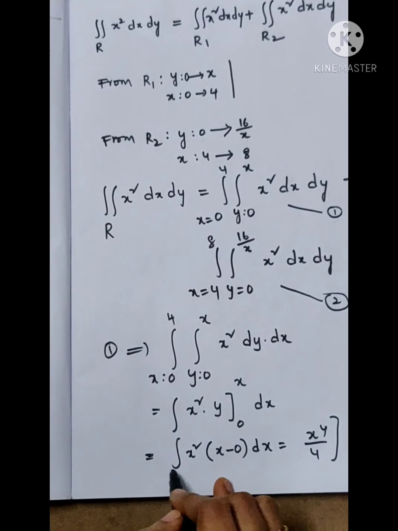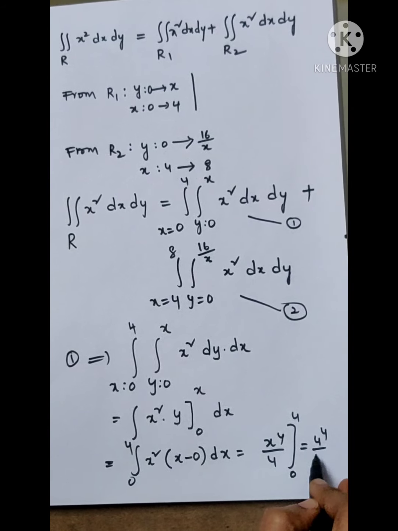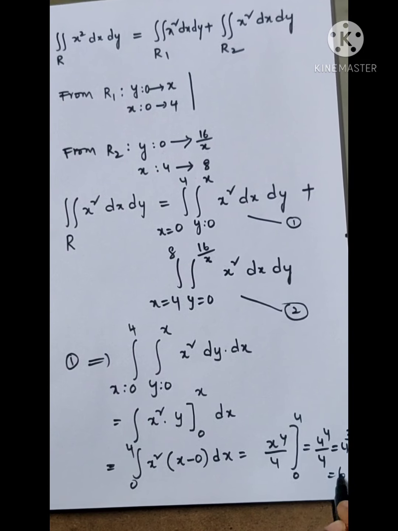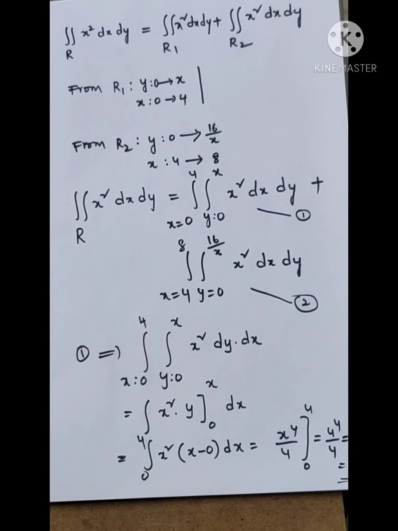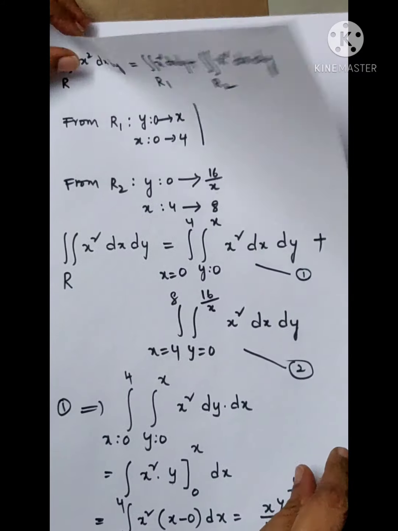With x limits 0 to 4, that is 4 power 4 by 4, which means 4 cube, that is 64. That is the first integral evaluated.